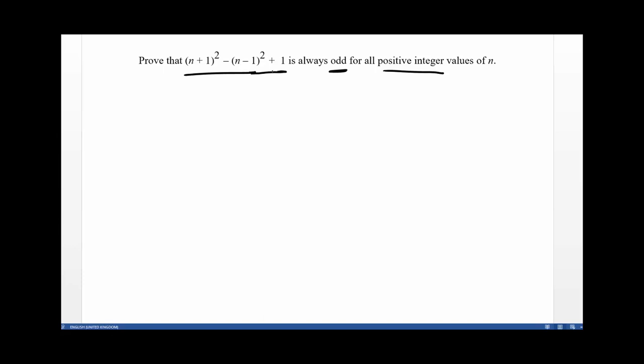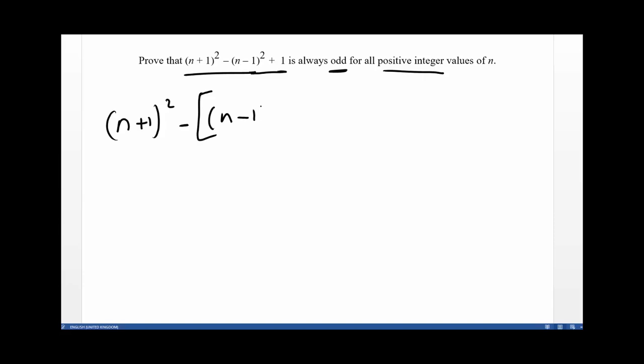That's why we had to go through it previously. So let's do this. I'm going to write it out like this: (n + 1)² minus, and I'm going to put a parentheses here, then the bracket.